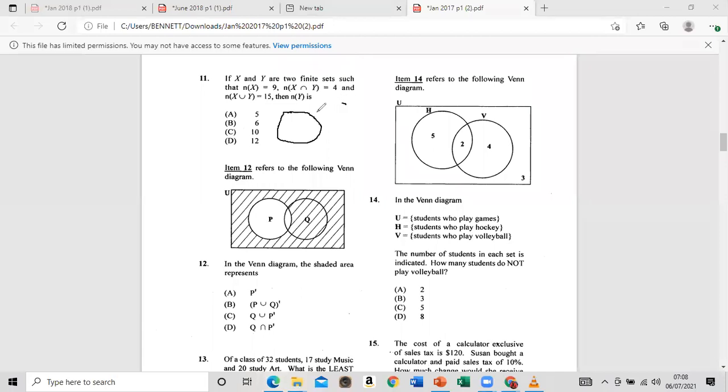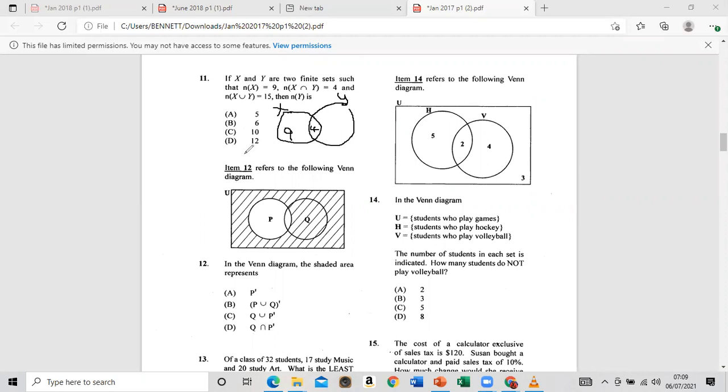Alright, let's draw the two circles. This one is X, this one is Y. First, we put in the information that we're given. So the intersection is 4. The number in X is 9. We're asked to find the total, right?